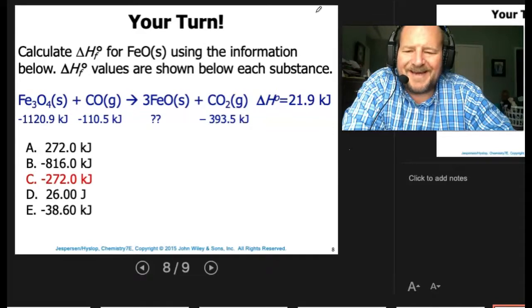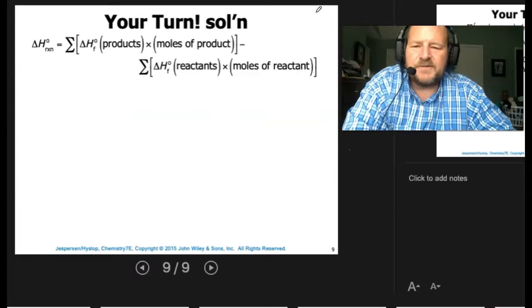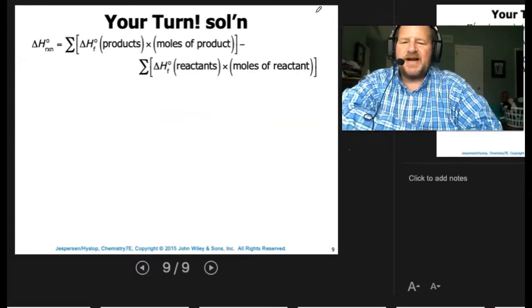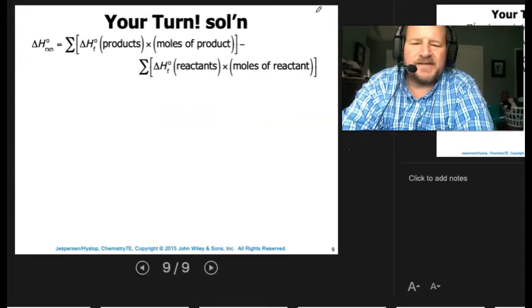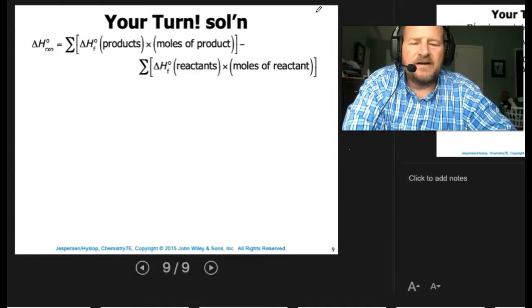Hopefully you came out with negative 272.0. If you didn't, here's what you should have done. So we know the delta H of reaction will equal the sum of the products minus the sum of the reactants.